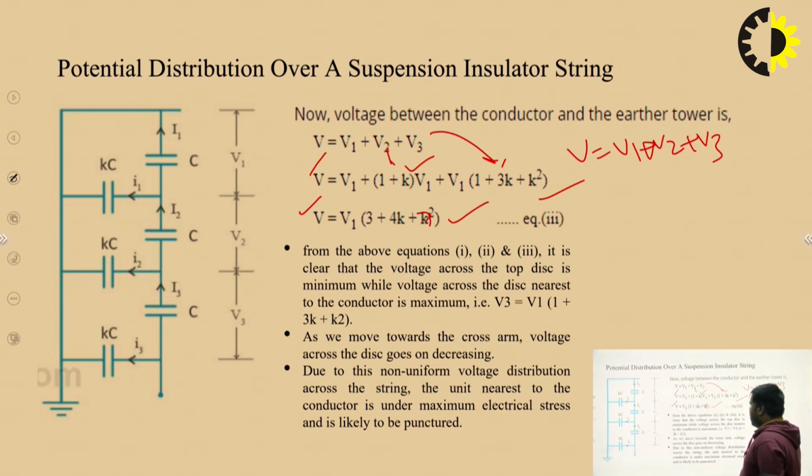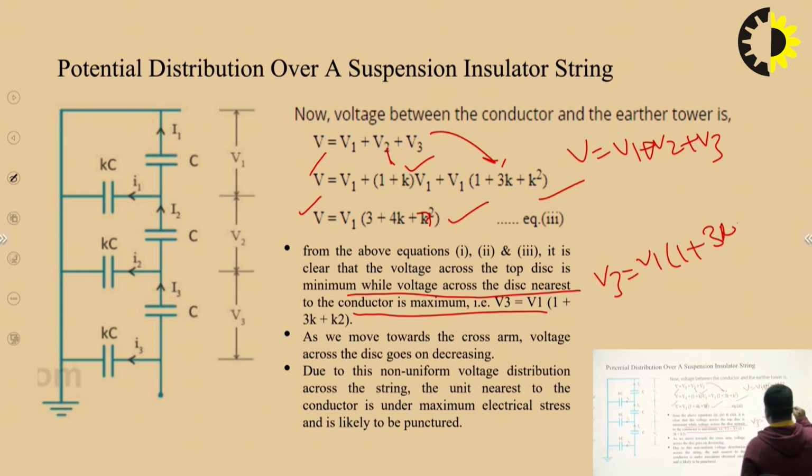From the above equations, the first, second and third, which I discussed in our previous slides, it is clear that the voltage across the top disk is minimum, while the voltage across the disk nearest to the conductor is maximum, that is V3 equals V1 of 1 plus 3K plus K square.